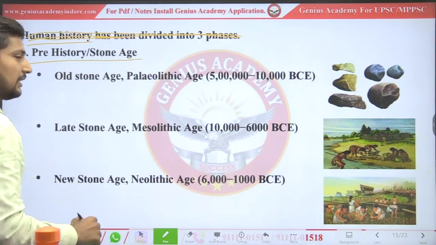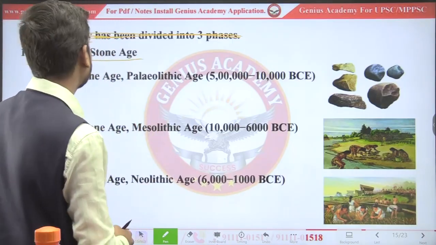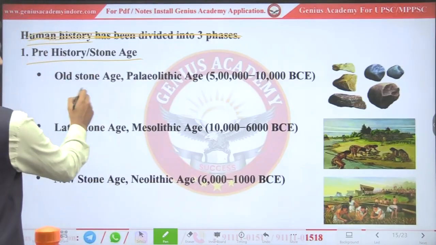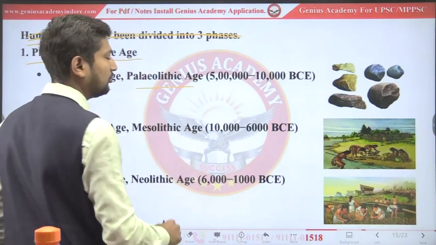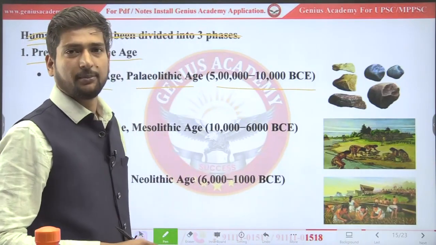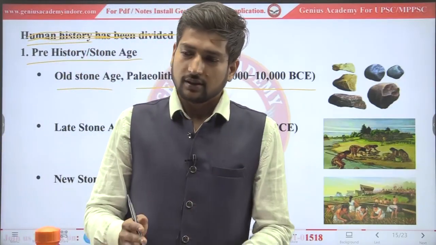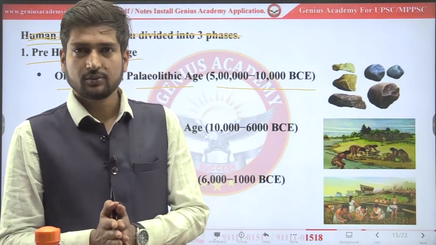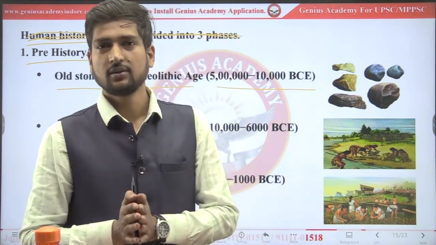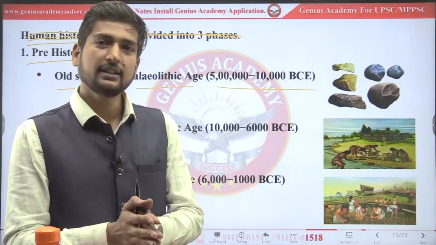So first we will see the subcategorization of prehistory, that is the Stone Age. Old Stone Age, the Paleolithic Age, is from 5 lakh to 10,000 BCE. BCE means before Christ. See, there is 0 when Jesus Christ was born on the earth. That year is known as 0.